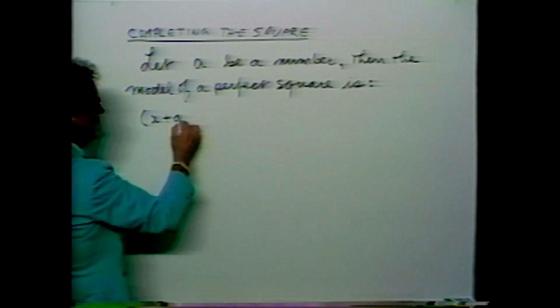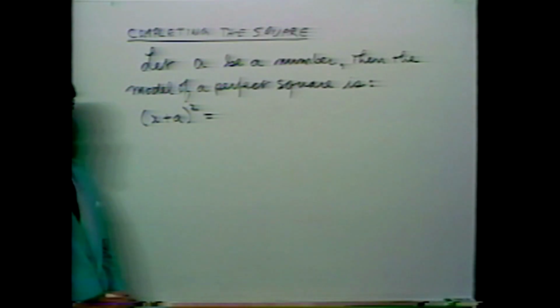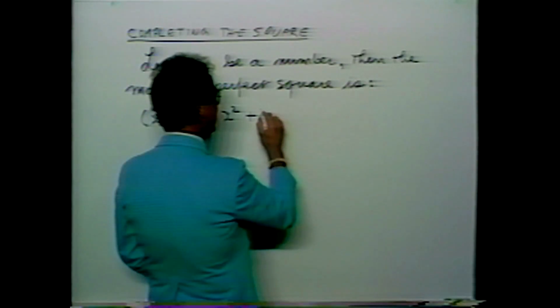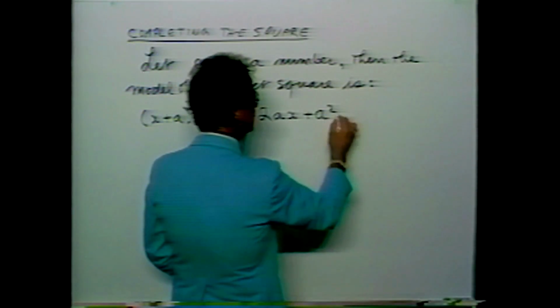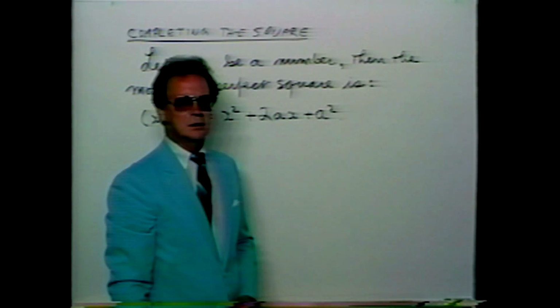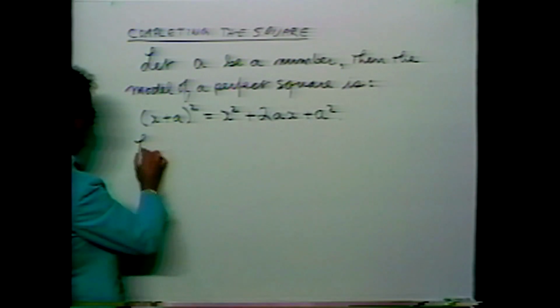When we expand this, the result is x squared plus 2ax plus a squared.